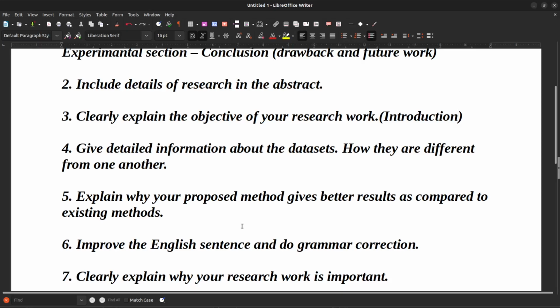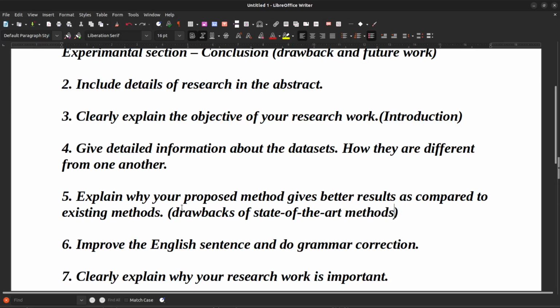That is the point. Your next point is explain why your proposed method gives better results as compared to existing methods. Sometimes we compare quantitatively and we compare subjectively, or qualitatively, but we don't mention why our proposed method, technically or in some other sense, is good or better as compared to state of the art methods. So you should include the advantage, why your method is good, and also give the drawback of state of the art methods.